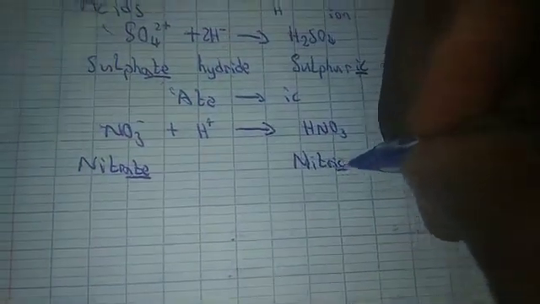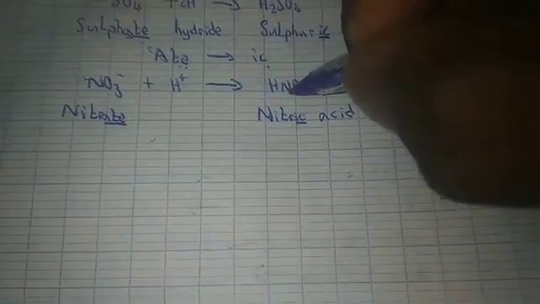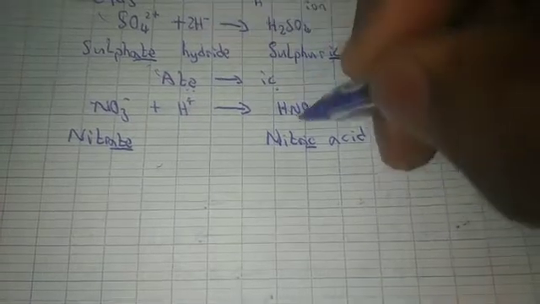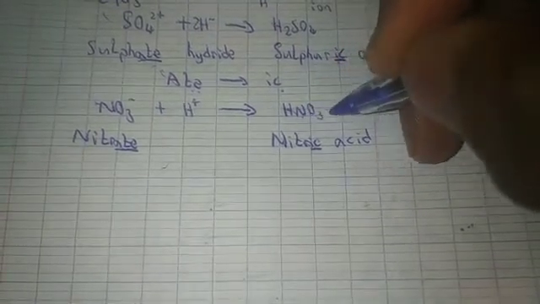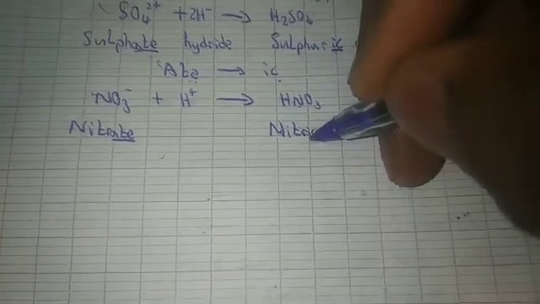Again, anything ending in ate finishes with ic. That's the general rule, just stick it in your heads: ate as an ion gives us ic as an acid. So for any acid containing a radical you know, you know that this is the hydrogen proton, and the ion that will be left, for this example nitrate, means that this will be nitric.